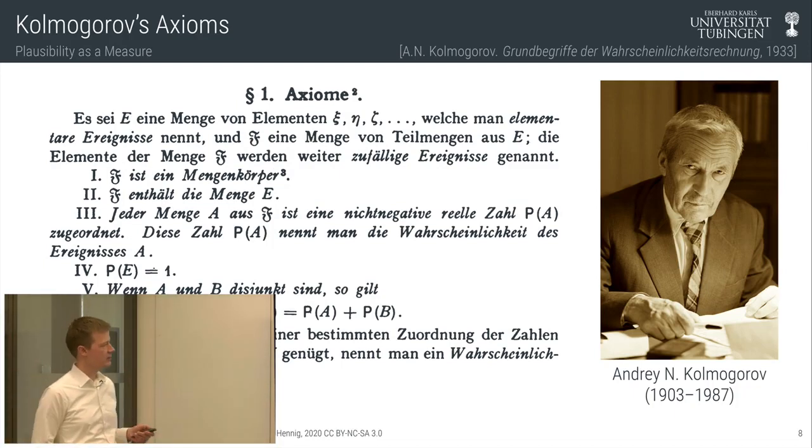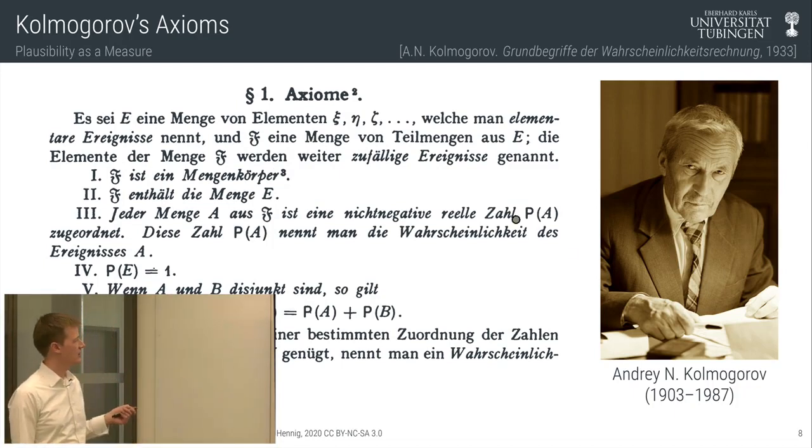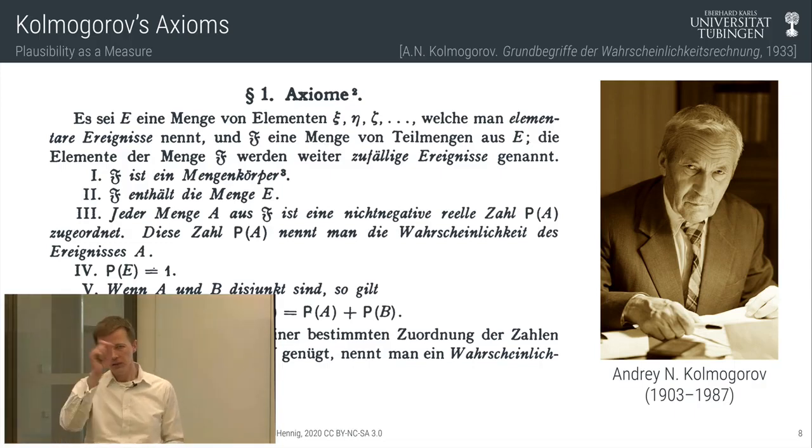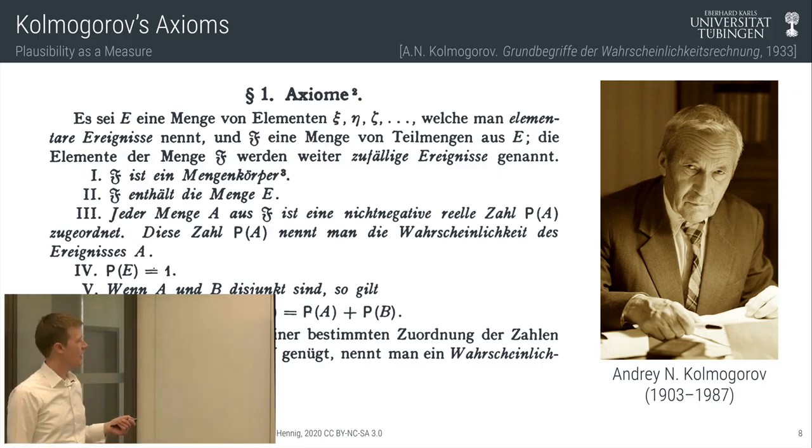The second axiom is that our set of random events has to contain all the atomic events. So our roulette board has to contain all the individual numbers on it. These are the two axioms we need for this set of sets, and this is basically the definition of our roulette board.